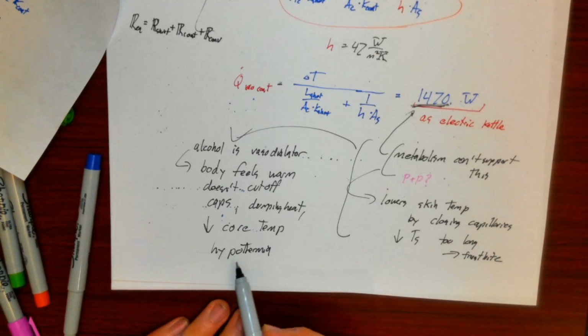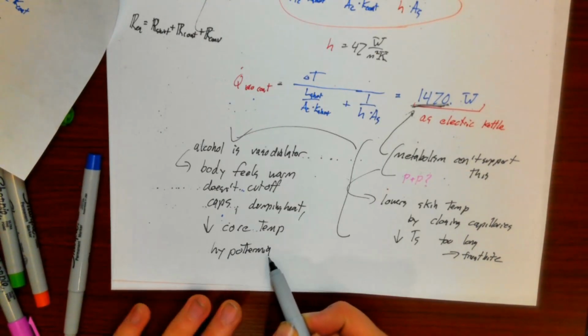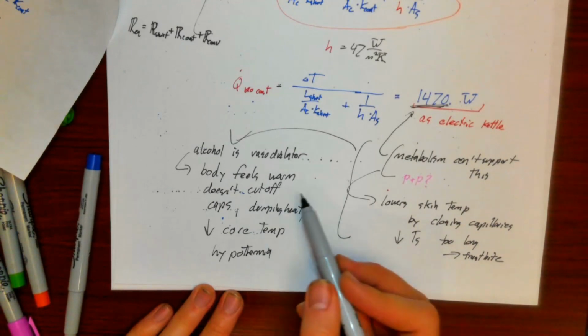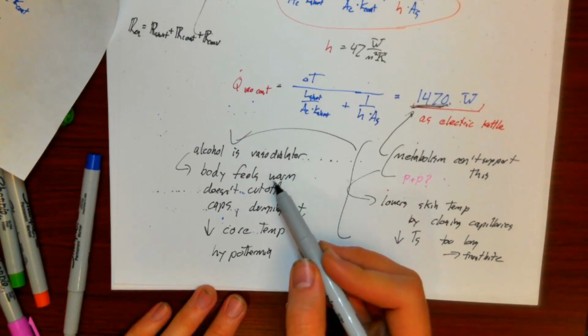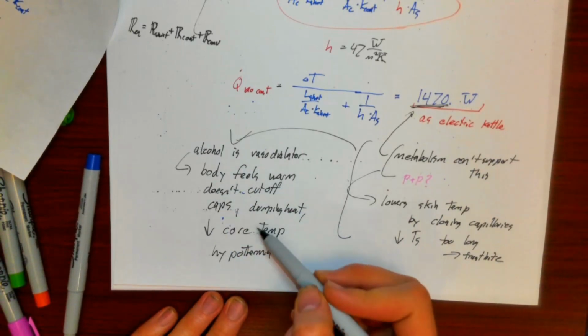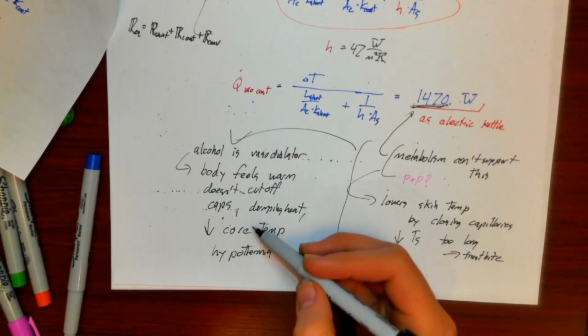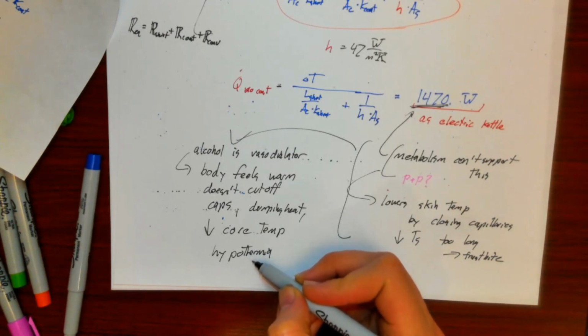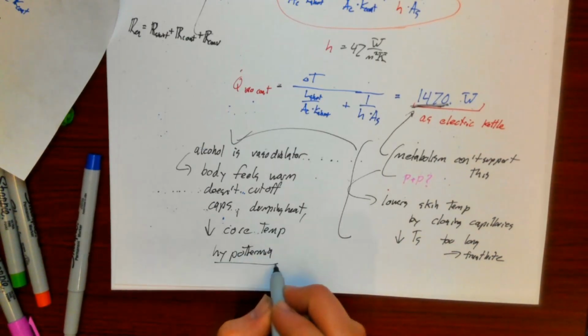Unfortunately, people die all the time from going out drinking, not paying attention, leaving their coat somewhere, feeling warm because their capillaries aren't closed, but their core temperature plummets, and if they pass out somewhere outside in the winter, they die of hypothermia.